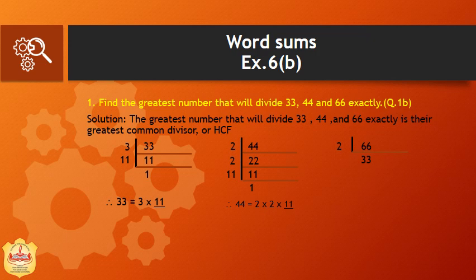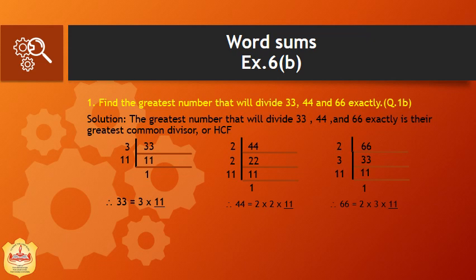And when we divide 33 by 3, our answer or quotient will come as 11. Now you can divide 11 by 11 because 11 can divide 11 exactly or fully without leaving any remainder, and the quotient will be 1. Right? So what are the factors of 66? Let us see. 2 multiplied by 3 multiplied by 11.